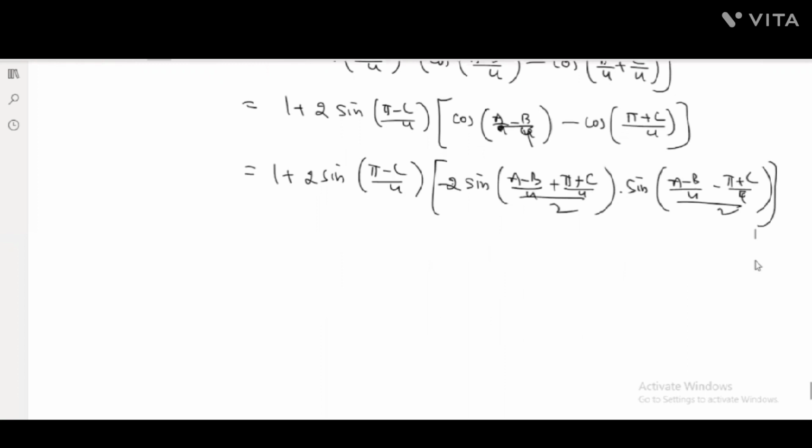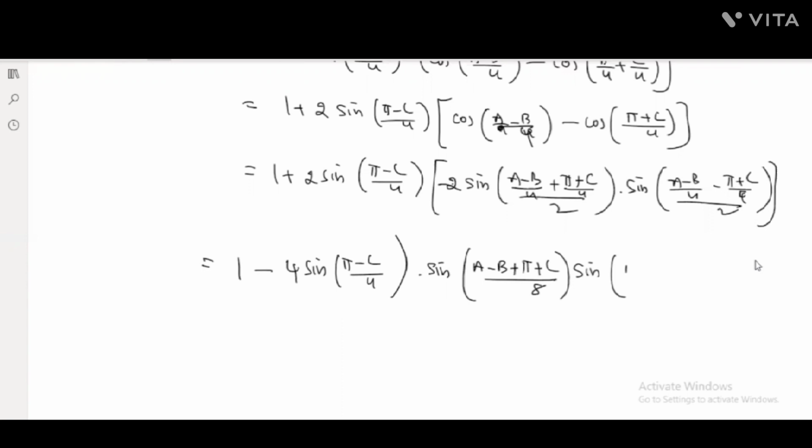So then what we'll get here is 1 minus 4 sine pi minus c by 4, and the sine of a minus b plus pi plus c by 8 into sine a minus b minus pi plus c by 8.